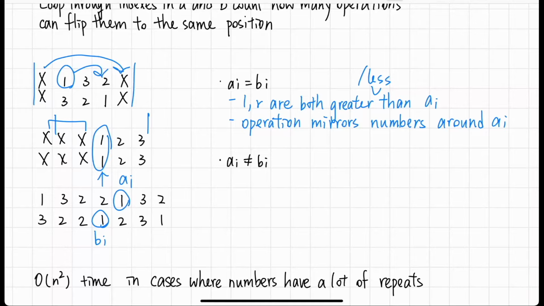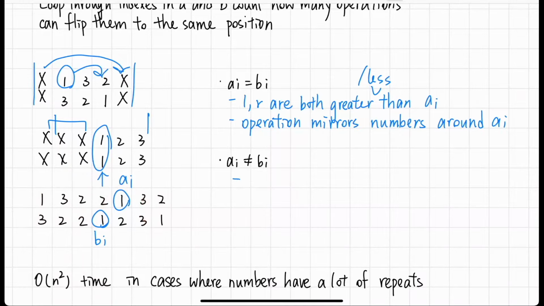We can count the number of operations, and we realize that it's limited by, in this case, this one, because the right end is already at the end of the array. However, if we choose numbers here and here, then the left end would be the limiting one.